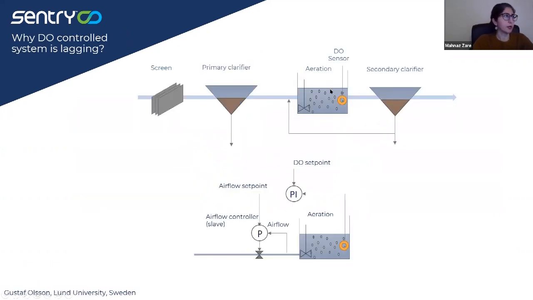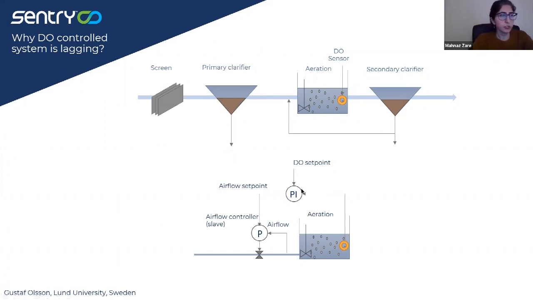Here, the top diagram is showing a conventional wastewater treatment plant, including a screen, primary clarifier, aeration basins with the DO sensors, and secondary clarifier. The bottom diagram is showing a PID control, which is a cascade control.